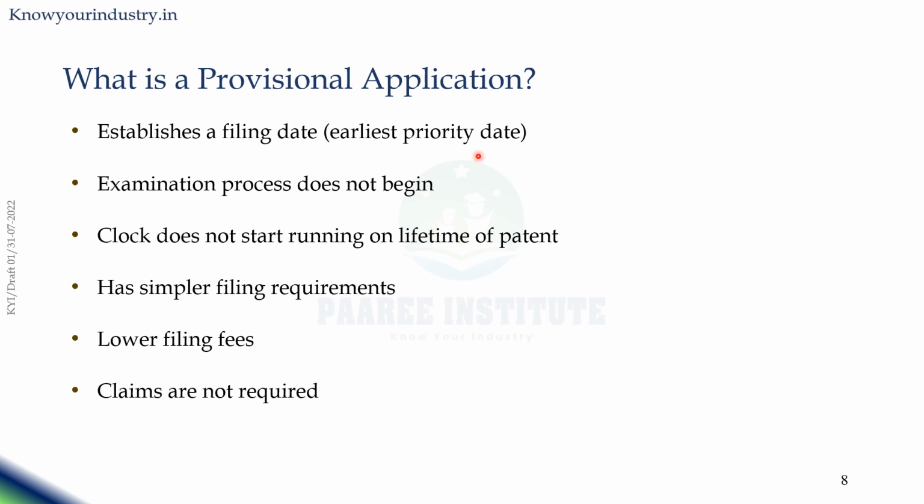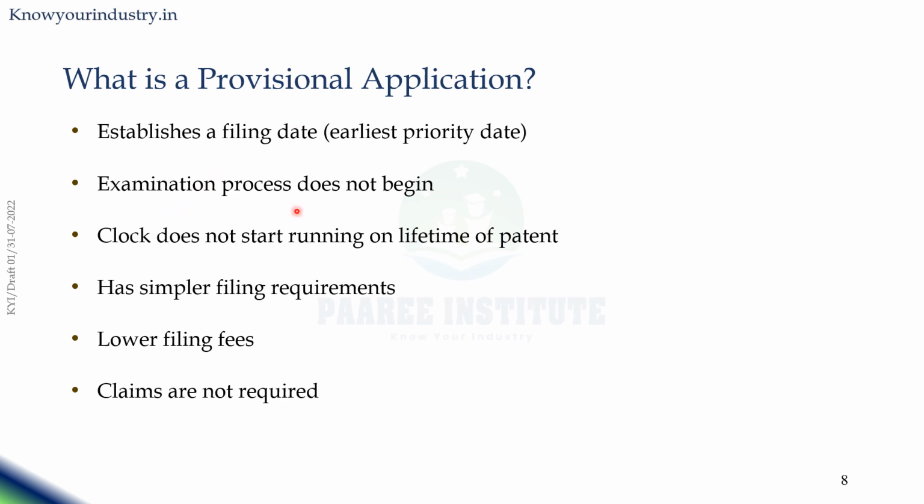It ensures the allotment of a priority date, and similar inventions which are filed after the filing date of the provisional specification will not get priority over the applicant's invention. If any dispute occurs regarding ownership of the invention, the patent office will take into consideration the provisional patent's earlier filing date as the date of filing.